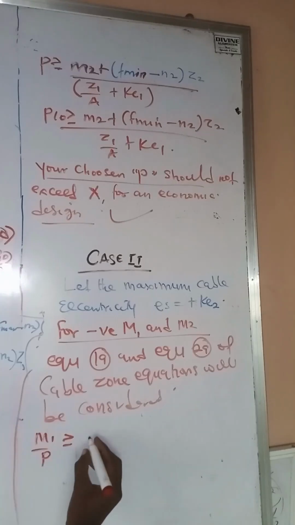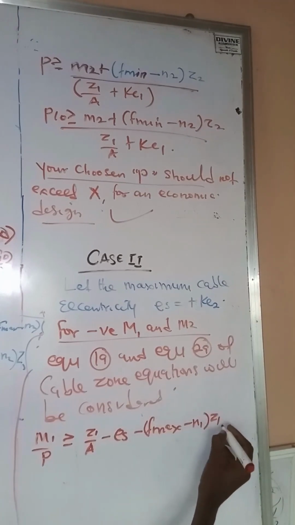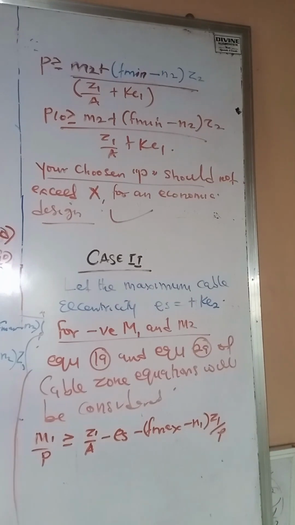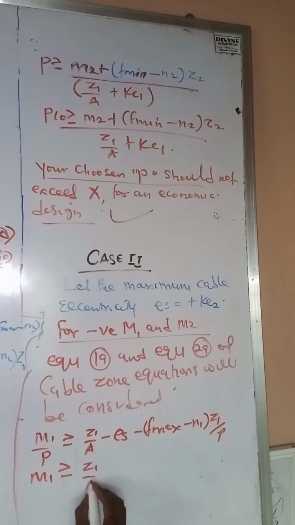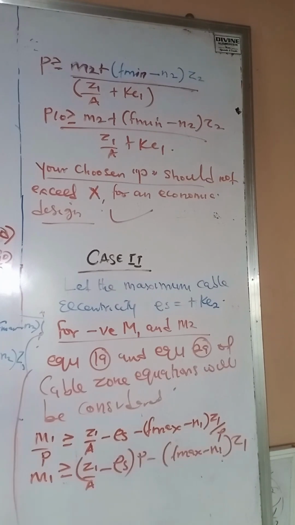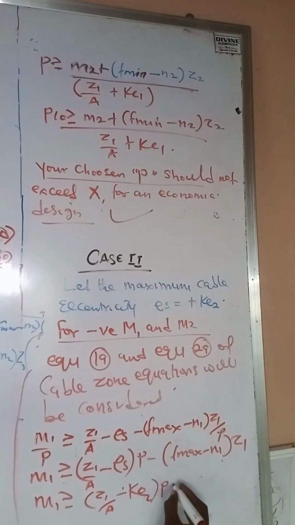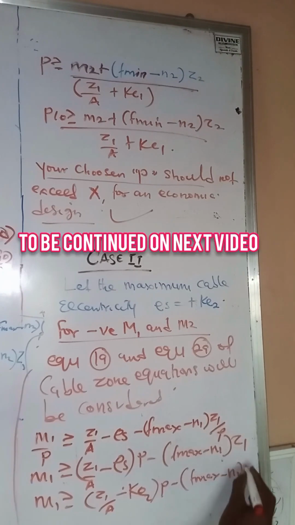From equation 1A, we have Z1 over A, all bracket Z1 over P. We can solve this by saying M1 is greater than, multiplied through by P. Remember, our Ke2 is going to be substituted for e. So we have M1 greater than Z1 over A minus Ke2, all times P minus F maximum minus N1, Z1.